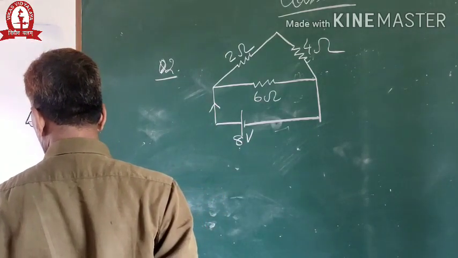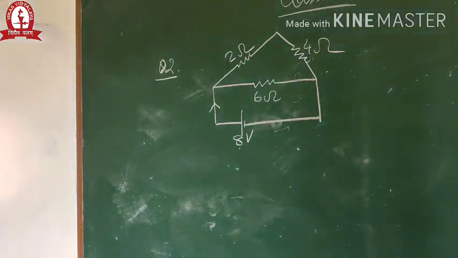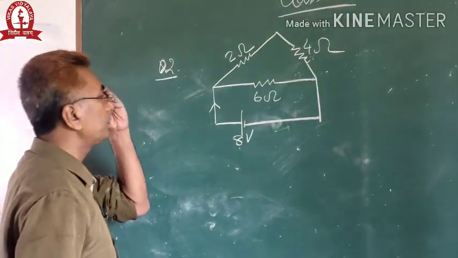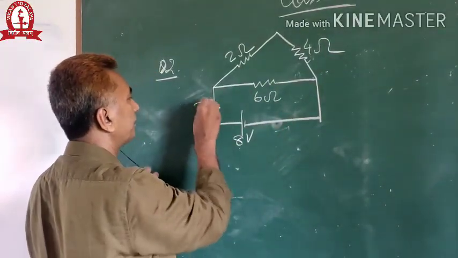Now calculate the current through the circuit. I have to calculate the total current, that is, find out the current passing through the circuit. How much current is passing?